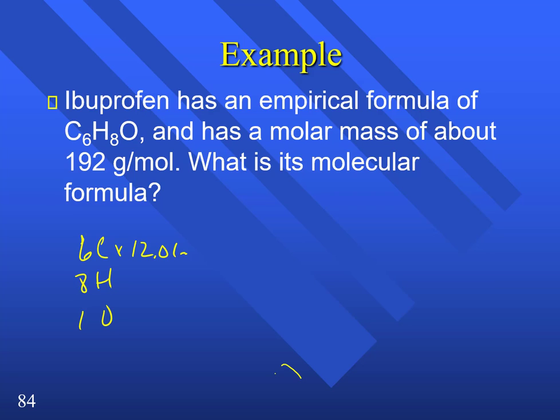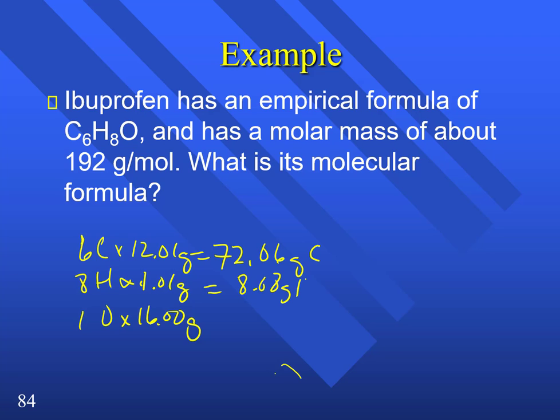Carbon is 12.01 grams off the periodic table. Hydrogen's 1.01 grams, and oxygen 16.00 grams. So that's 72.06 grams of carbon, 8.08 grams of hydrogen, and 16.00 grams of oxygen.